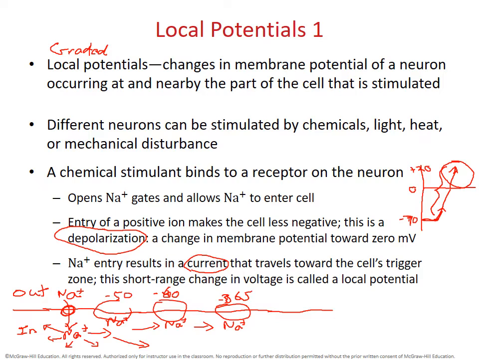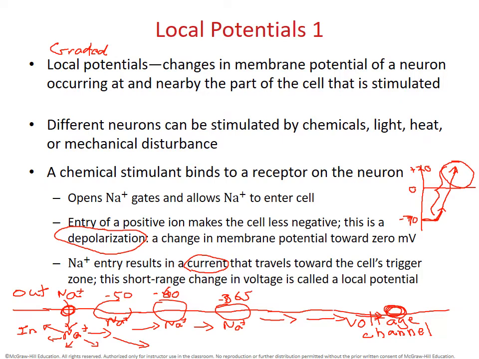Now, eventually, if we're going to get a true or real action potential, remember you need voltage-gated channels. You need a voltage-gated channel to experience an action potential. I'm just going to abbreviate it as voltage channel here because my writing is so terrible. So at some point in the cell, there are going to exist voltage-gated channels. And sooner or later, the signal might spread far enough to reach a voltage-gated channel.